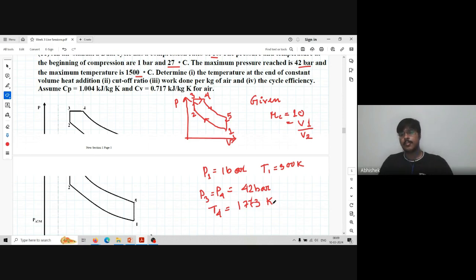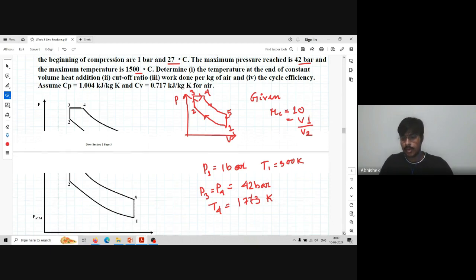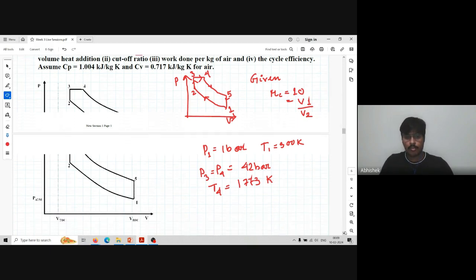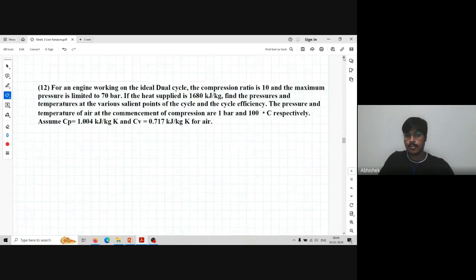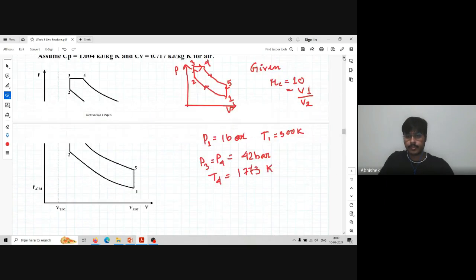Then you start: the temperature at the end of constant volume heat addition. What is the temperature after constant volume heat addition? It is T at which point? It is T3. It is asking T3, correct?